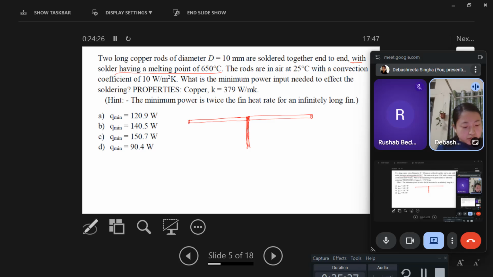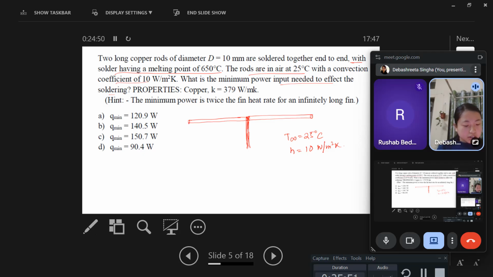The melting point of this is 650 degrees Celsius. The rods are in air at 25 degrees Celsius, that means the surrounding temperature is 25 degrees Celsius, with a convection coefficient of 10 watt per meter square Kelvin. What is the minimum power input needed to affect the soldering?